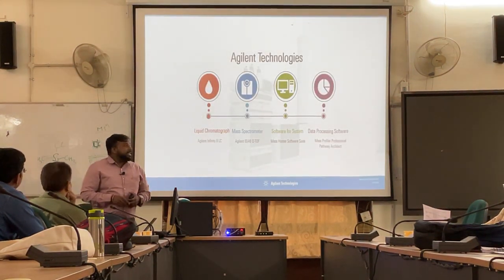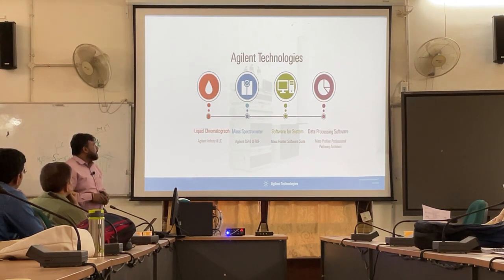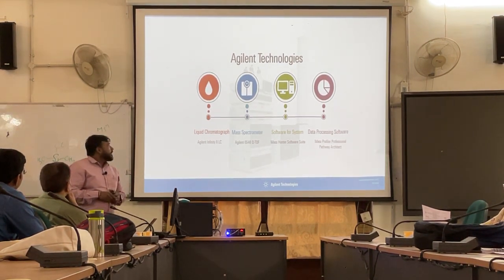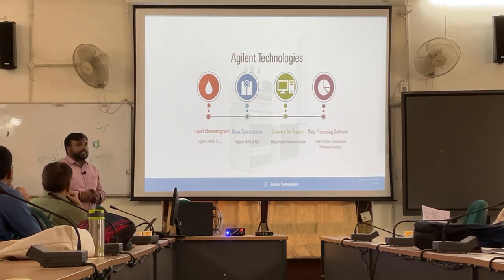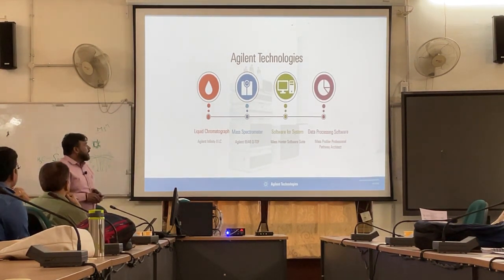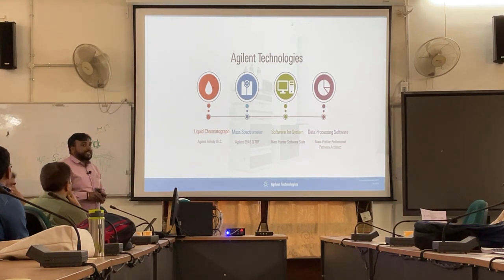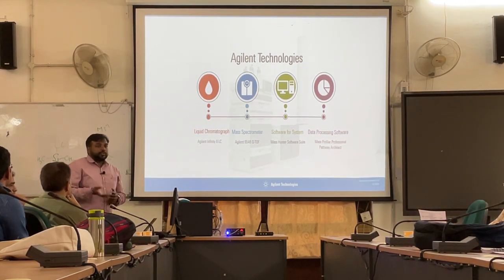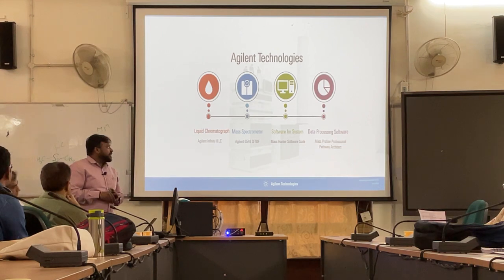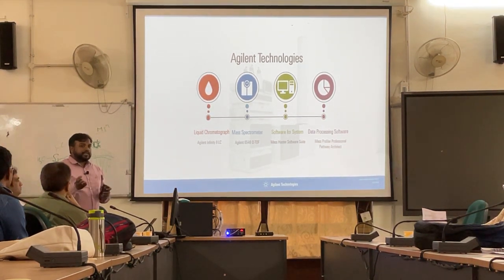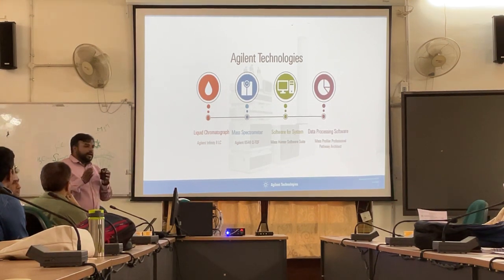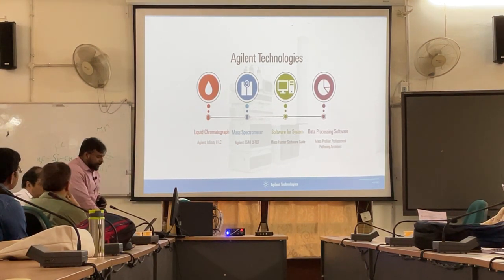So what I'll cover in this session: liquid chromatography, and along with the liquid chromatography, mass spectrometry, the different modes of mass spectrometry, what exactly the instrument we are having in this FRI campus, and what exactly the principle behind the QTOF and how this QTOF is differentiated from the other available mass spectrometry.